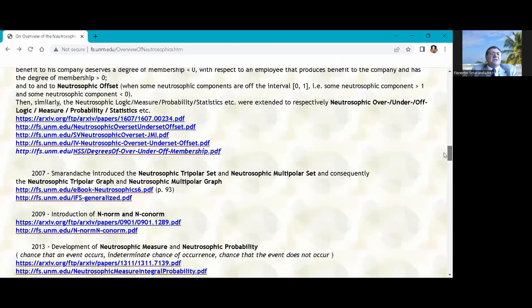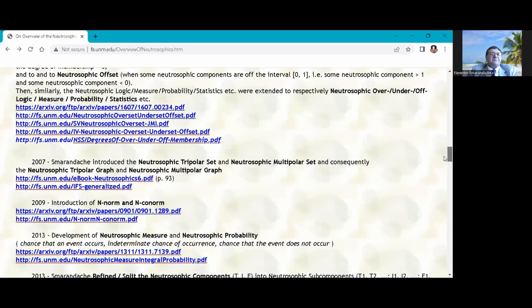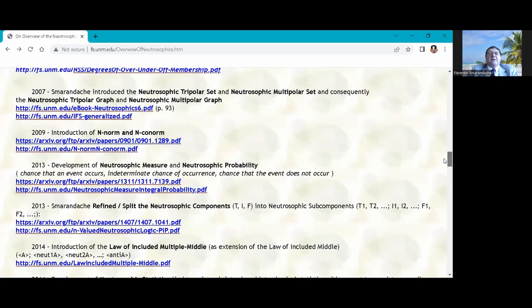Some applications and works have been done, so there are many papers in this work. Then we introduce the Neutrosophic tripolar set and multipolar set, where there are more poles.